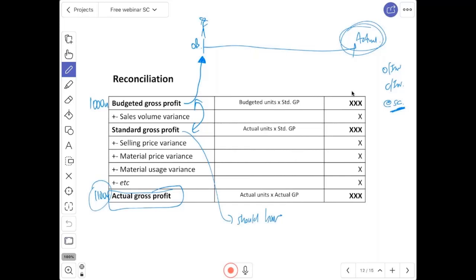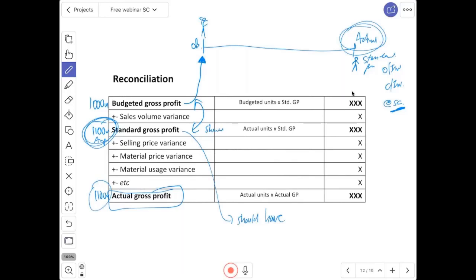How much should our profit have been if we knew that we're going to produce 1,100 units, our actual units produced? So we're standing at the end of the year when we calculate our standard profit. It's our actual units produced, but for everything else we use our budgeted cost per unit, our standard cost per unit. So this is our should have profit. What should our profit have been?